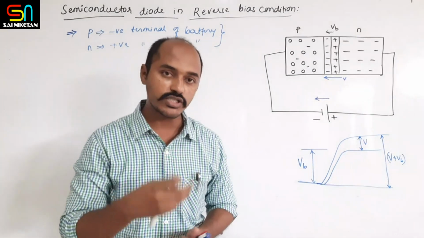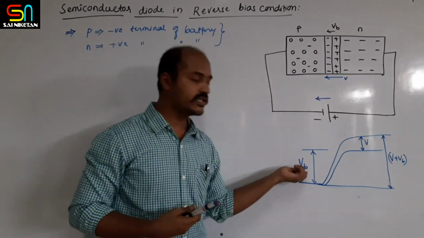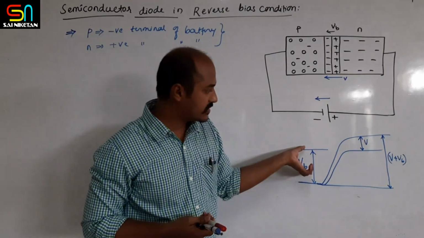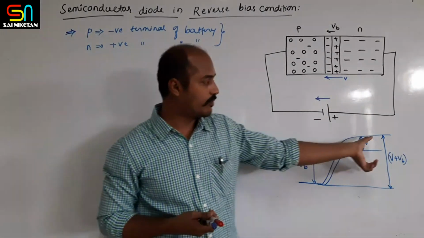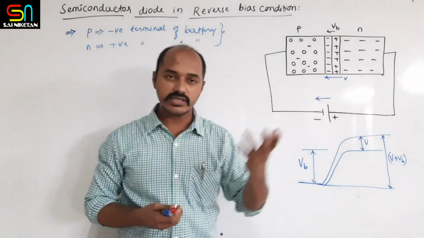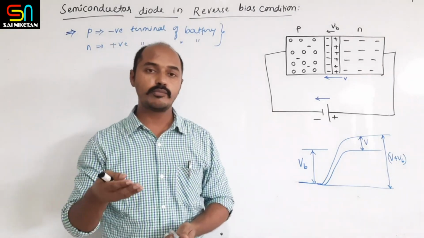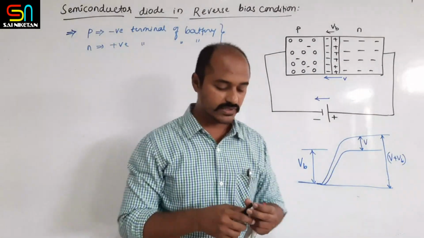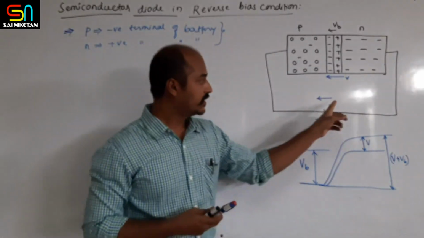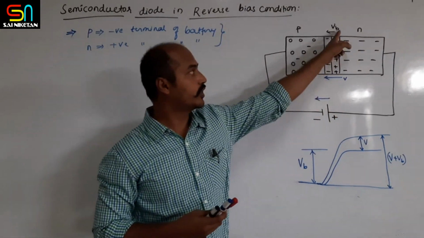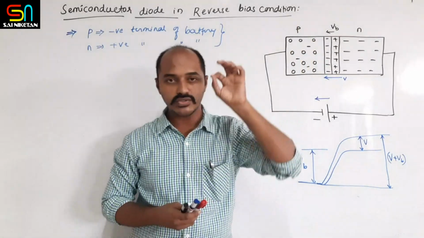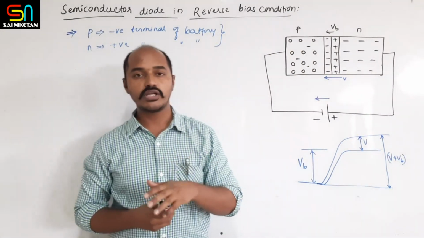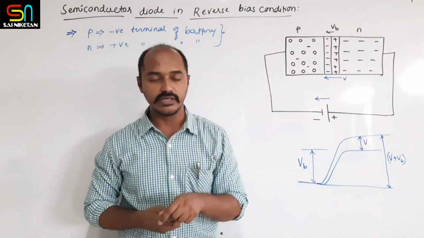So first we talk about the resultant barrier potential. The resultant barrier potential increases. Initially it is VB. Now you can see its height is a bit smaller compared to the resultant. Hence the resultant barrier potential increases to V plus VB. Why is it increasing? Because the applied potential and barrier potential are in the same direction.